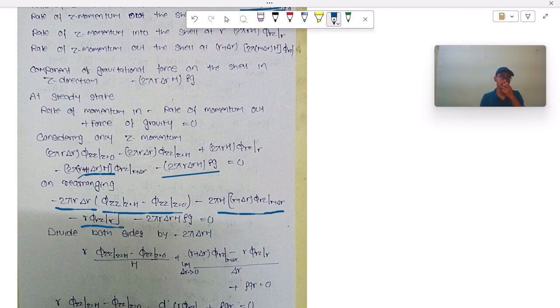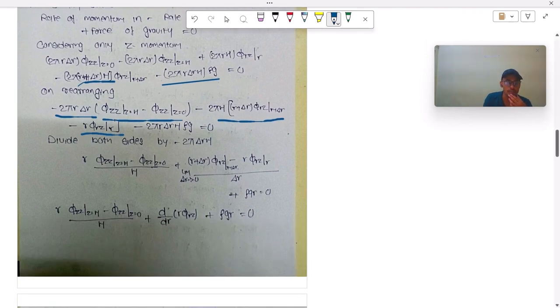Here, on rearranging, we have taken the minus common because we want to convert this into a form where the delta r terms are in the denominator, so that we can use the definition of derivative. That's why we do this arrangement in such a way that delta r comes in the denominator.